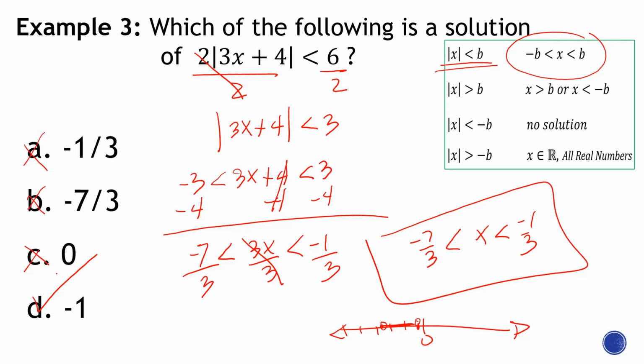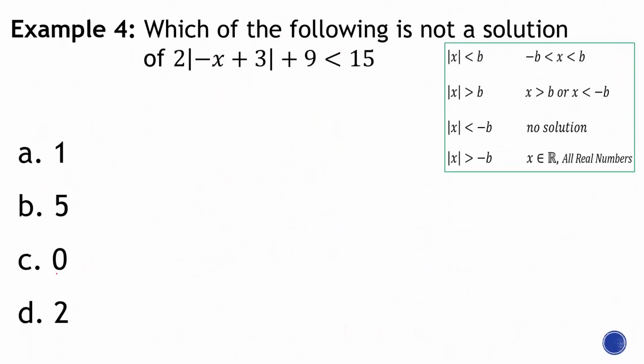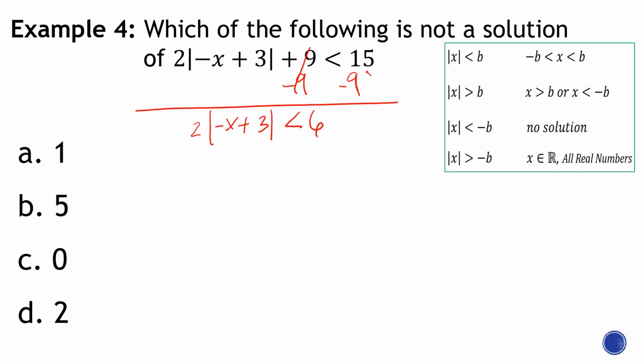Okay, let's go to the next one. Which of the following is this time not a solution? First, I will subtract 9 on both sides here. 2 absolute value of negative x plus 3 less than 6. Then divide by 2.